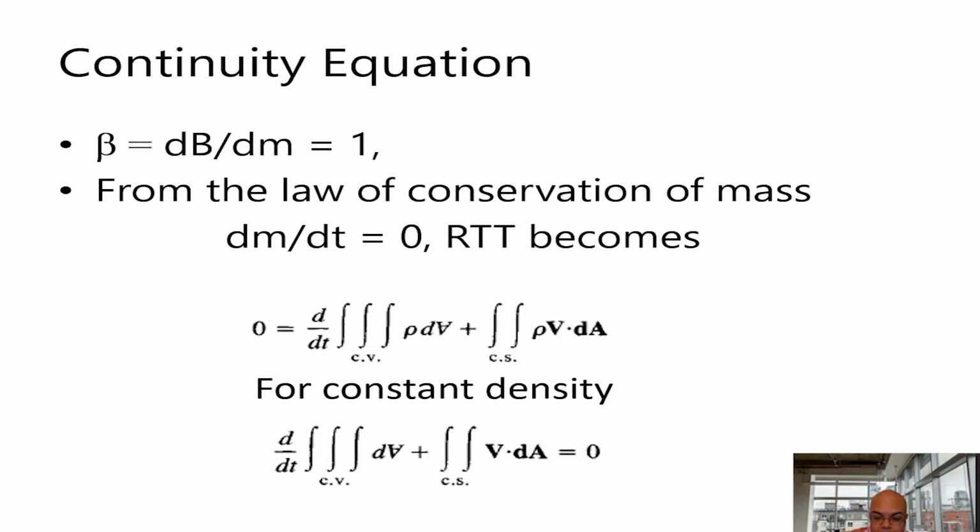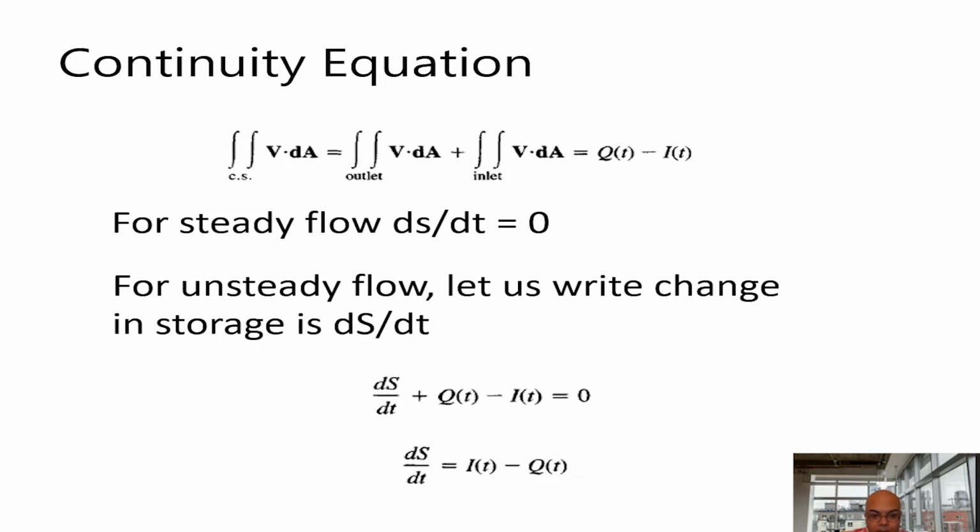We have simplified this, and for the continuity equation, it is written as dS by dt is equal to I(t) minus Q(t). I is the inflow coming into the system, and Q(t) is the outflow going out from the system. Then dS by dt is the rate of change of storage within the system.